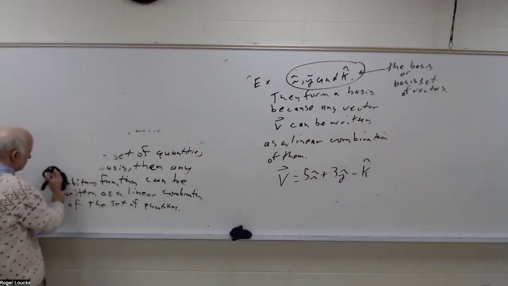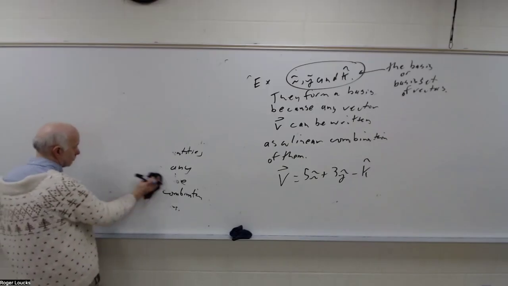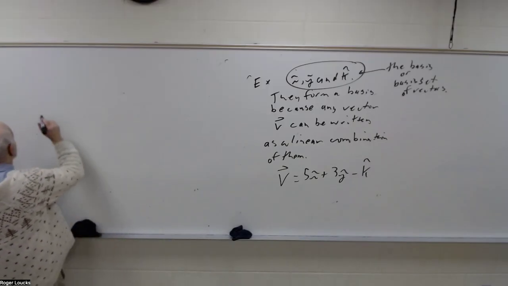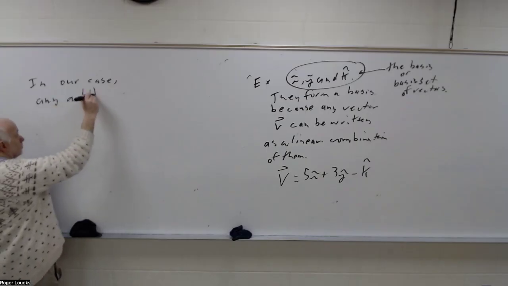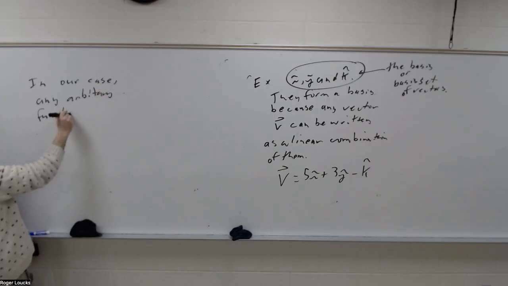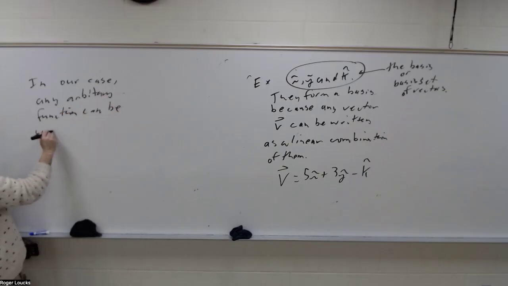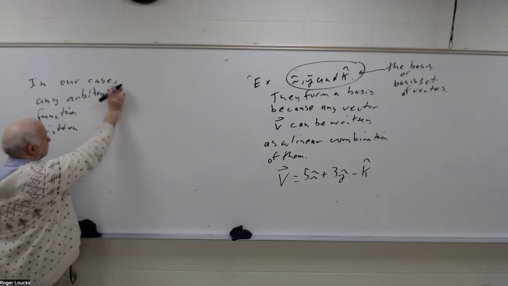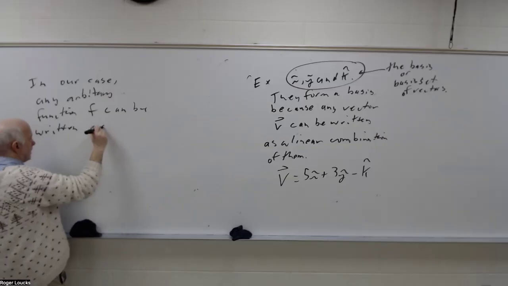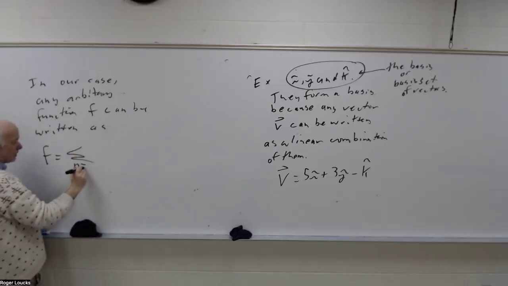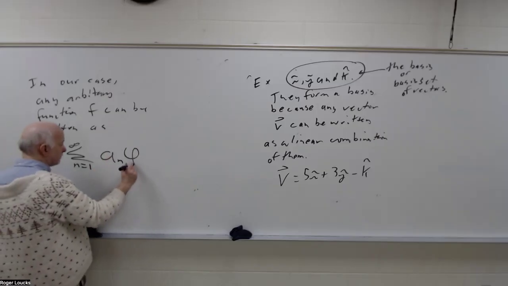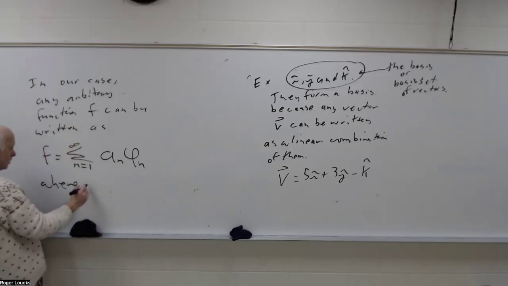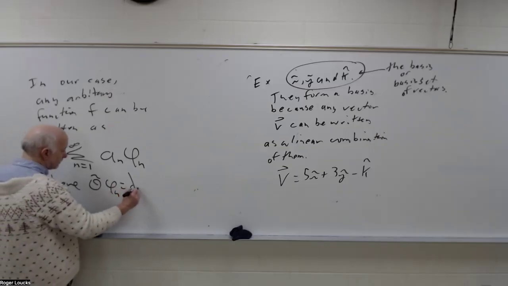In our case, any arbitrary function f can be written as some sum from n equals 1 to infinity, however many basis functions there are, and often with a lot of these there's going to be an infinite number, except when there isn't, of a sub n phi sub n, where O acting on phi n equals lambda n phi n.